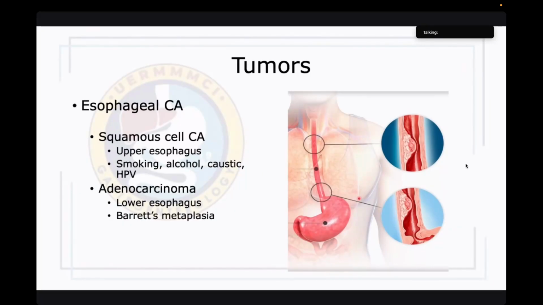And this is due to the high prevalence of gastroesophageal reflux disease and obesity, which are risk factors for Barrett's esophagus. And Barrett's esophagus is a risk factor for adenocarcinoma. So, adenocarcinoma are usually seen in the lower esophagus. Even if esophageal cancer is less common than colon cancer, esophageal cancer generally has a worse outcome.